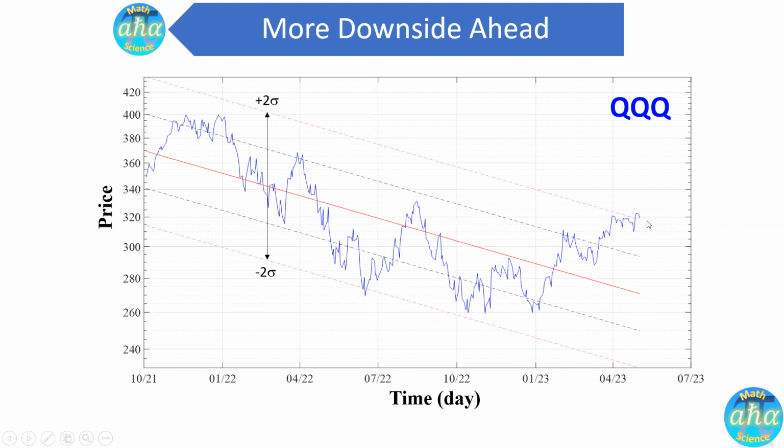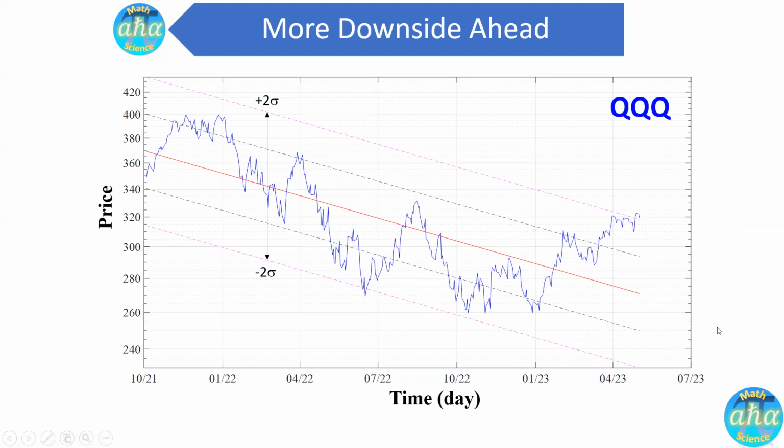Once it's inside this zone, it's very likely to move downward, because this kind of downward trend does not just finish in a day. It could at least touch the middle line, which is this red line, and it's even possible to test the -2 sigma trend line. These are all the things we are keeping an eye on.